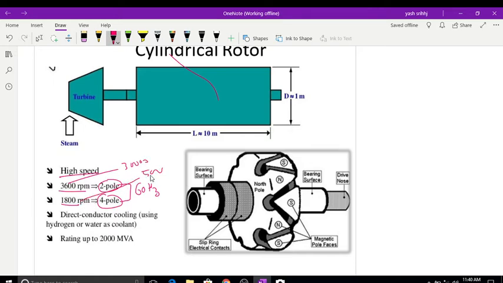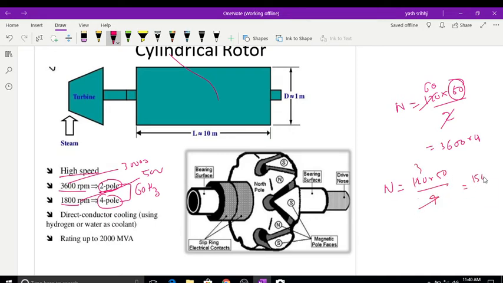You can see here speed N is equal to 120 f by P, with f as 60 and 2 poles, so 120 times 60 by 2 is 3600 rpm. So this is for 60 Hz. If you use 50 Hz, N is equal to 120 f by 4, which is 1500 rpm. With 4 poles at 50 Hz, the speed is 1500 rpm.